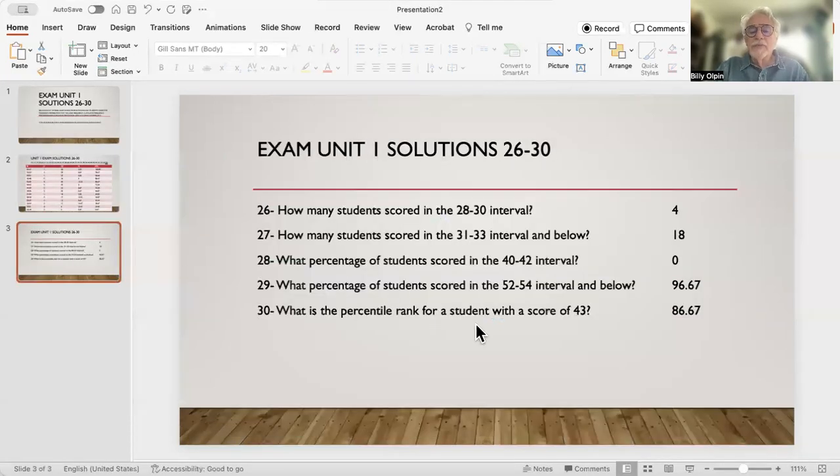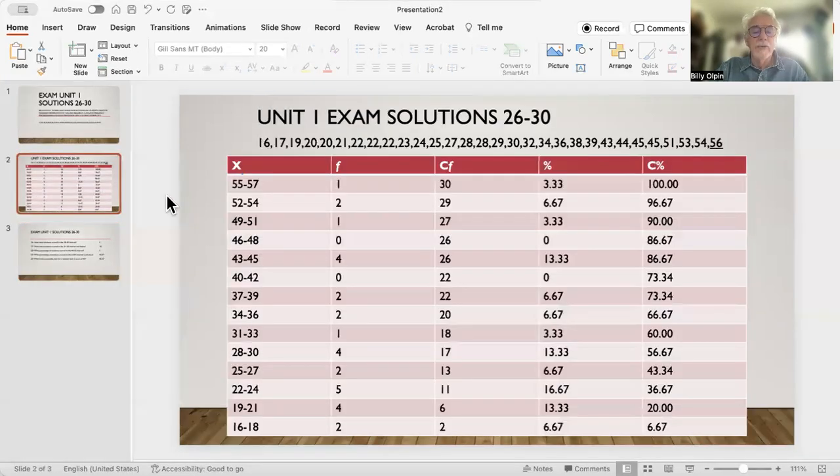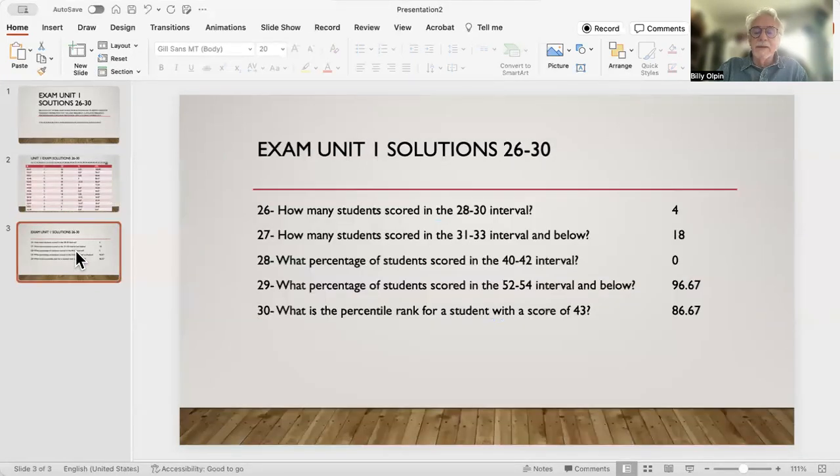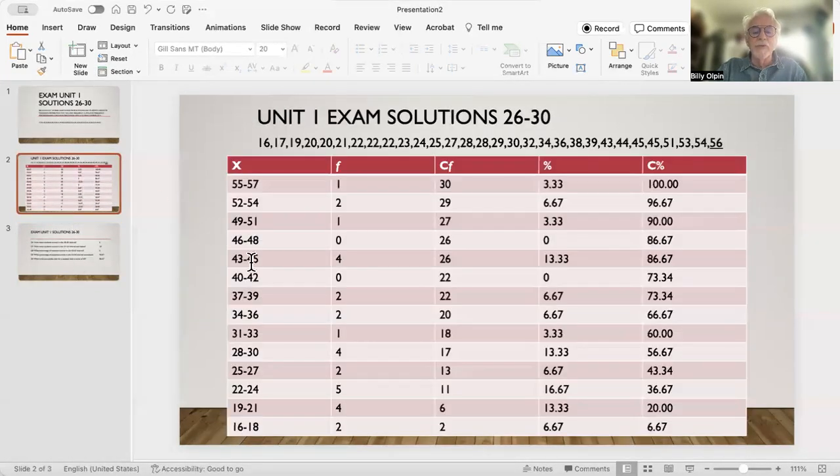And then, what is the percentile rank for a student with a score of 43? And again, I go here, and my percentile rank is equal to the cumulative percentage, right? So what did I say? I don't even remember, right? Oh, with a score of 43.